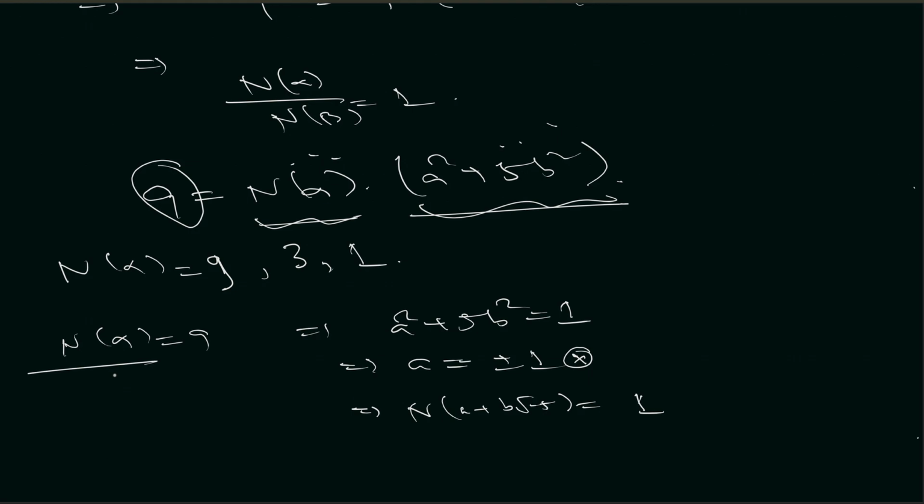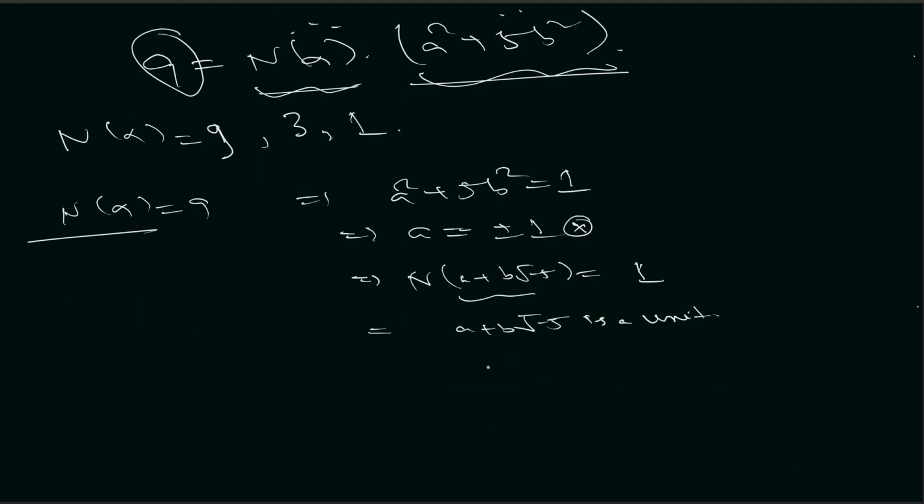So when the norm of something is 1, this implies that this element is a unit. A plus b square root of minus 5 is a unit. So if this is a unit, then an ideal containing a unit means the ideal contains square root of minus 5.